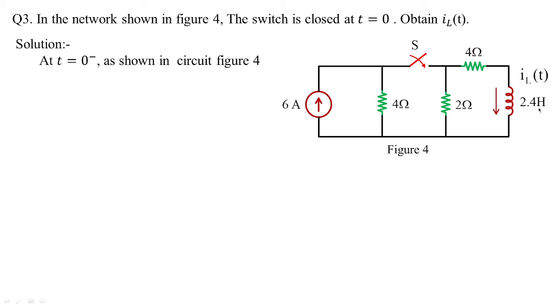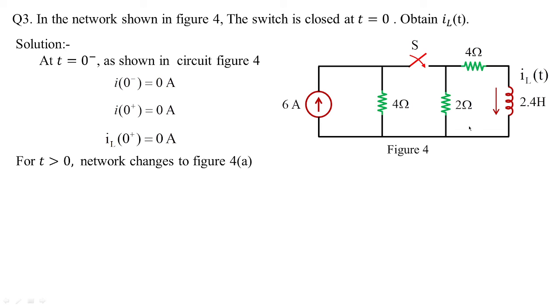According to our analysis, at t equal to 0 minus, the circuit is an open circuit, so the current will flow only through 4 ohms. In fact IL of t is 0. How is it 0? Because I of 0 minus is 0 amperes, and the inductor doesn't allow sudden change in current, so I of 0 plus is also 0 amperes, and hence IL of 0 plus is also 0 amperes.